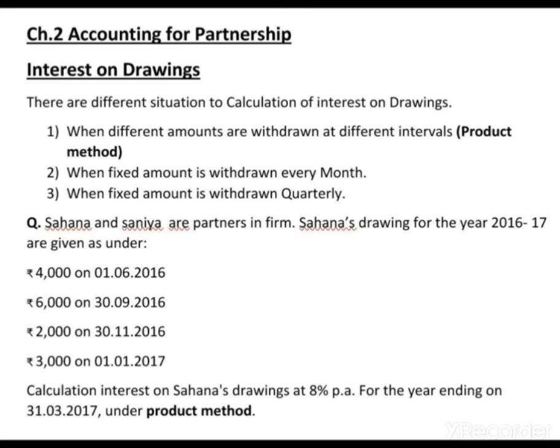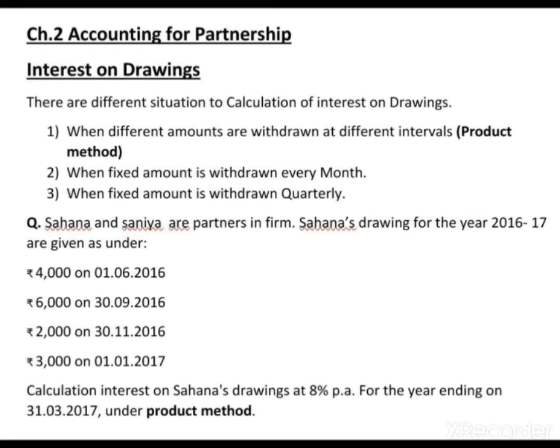So let's see the first question. Sahana and Sania are partners in a firm, which means there are two partners. Sahana's drawings for the year 2016-17 are given as under. She withdrew first rupees 4,000 on 1st June 2016.